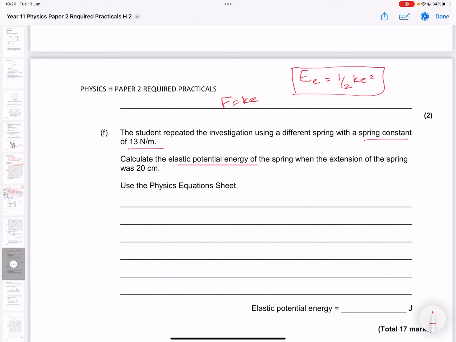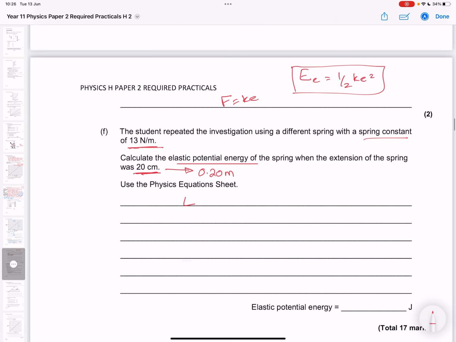Also, the extension is given in centimeters, but the spring constant is given in Newton per meter, so you need to convert that into meters. For that you divide by 100, giving 0.20 meters. Then input your formula first: half k e squared, so half times k, which they have given as 13 Newton per meter, and e is 0.20 meters squared.